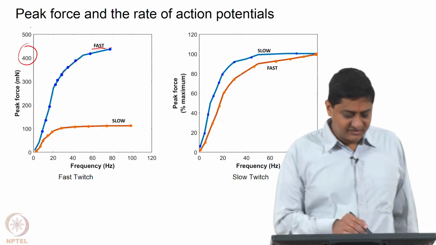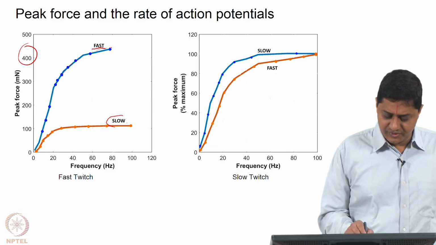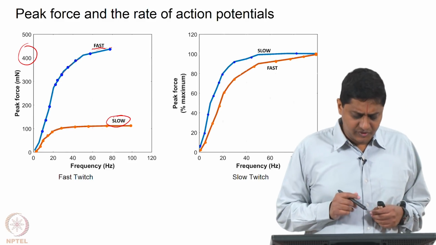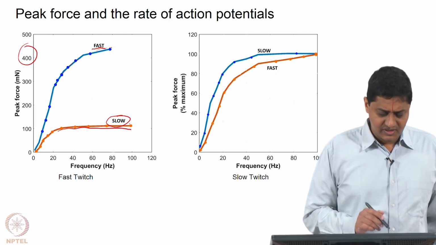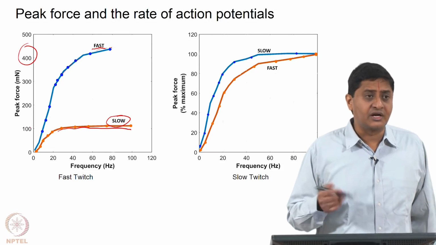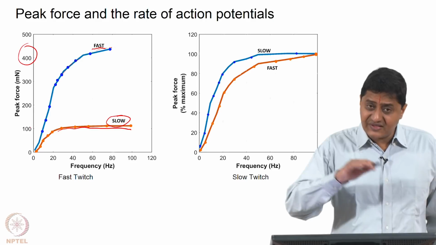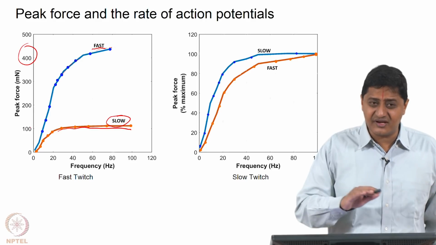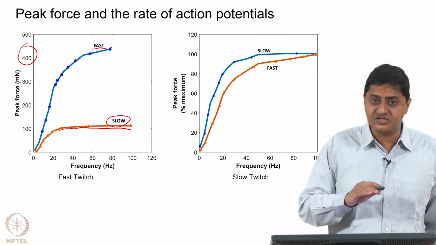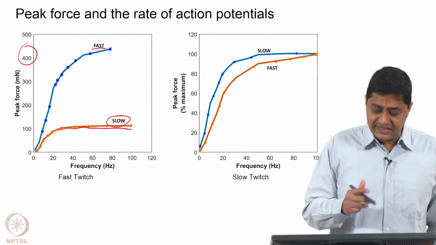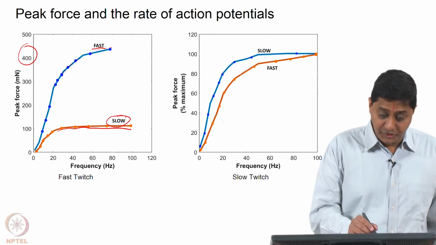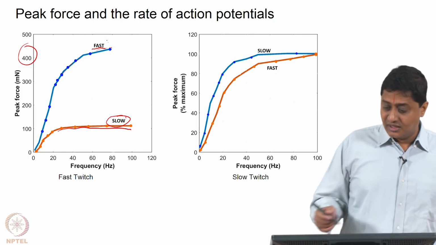But that does not happen in a slow motor unit. In a slow motor unit, after some time this curve saturates, at about 100 to 125 millinewtons. Even as I keep increasing the stimulation frequency, the output is not going to greatly increase in the slow case, but it is going to greatly increase in the fast case.